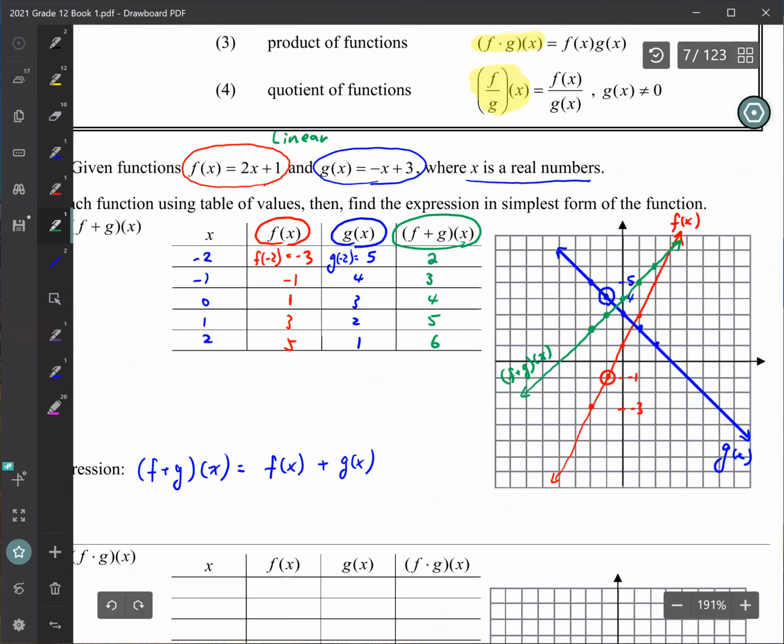Any questions so far? I don't want to go too fast. Please raise your hand again once you've got the table and the new graph. So you can figure out the graph on the spot, just using the original graph, or you can get it from the table, depending on what you have.